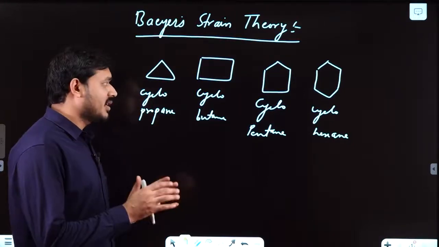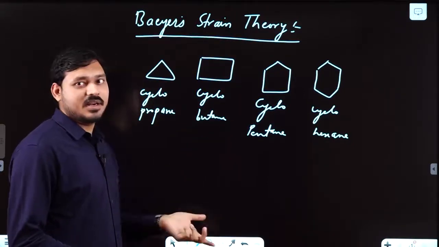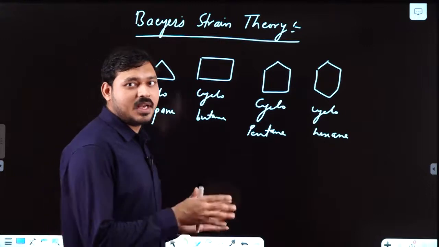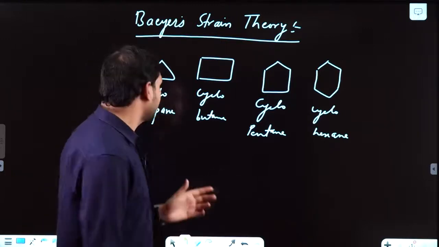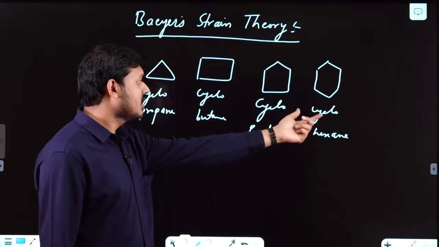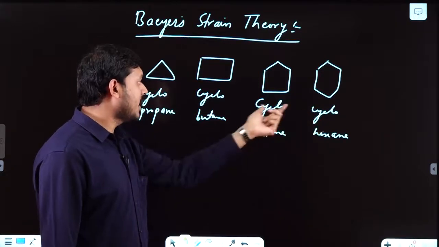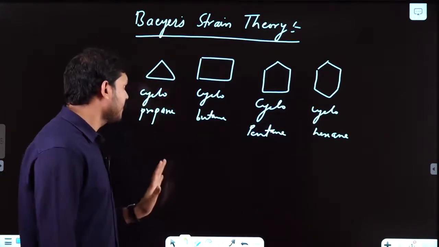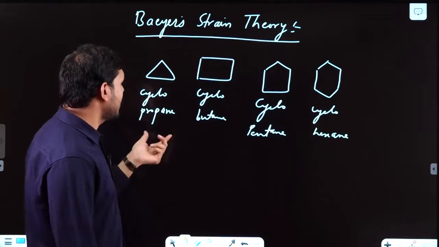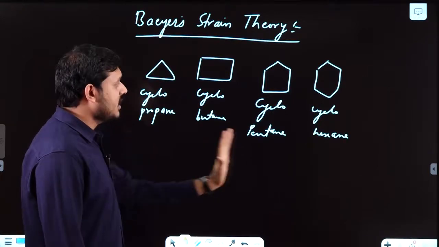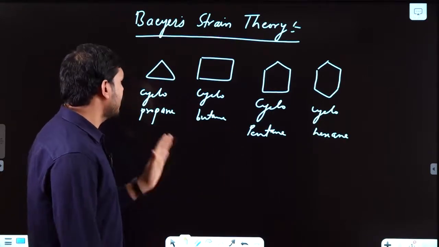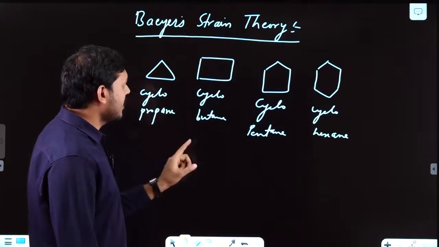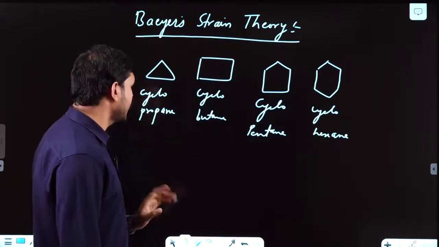If they are considered rigid, I can simply use the mathematical concept of polygons. You can see them as hexagon, pentagon, like that, trigonal, tetragonal. So simply in these 4 cases we can calculate the interior angles in each of these rings, right?